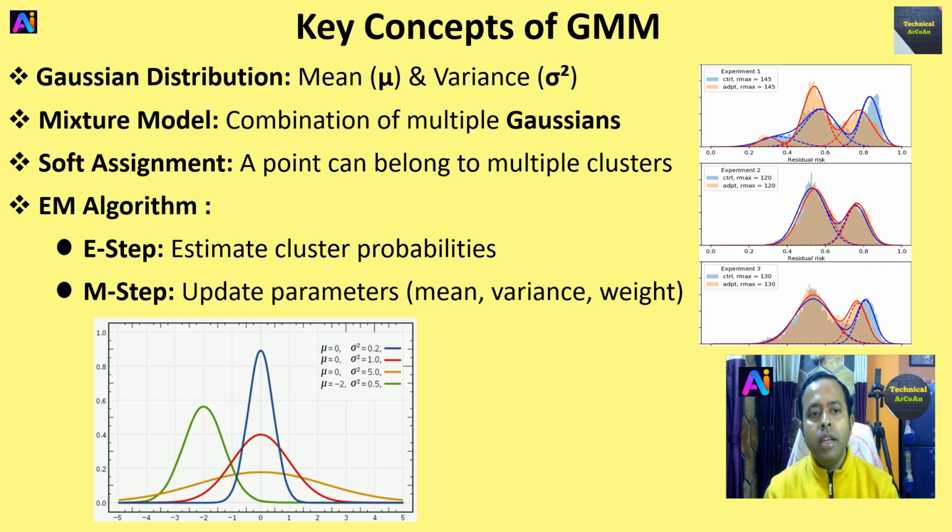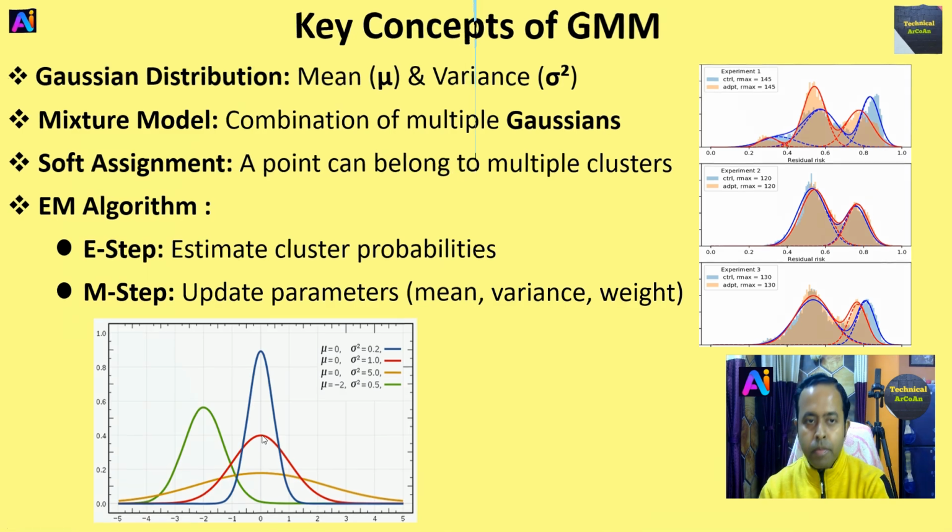E step estimates cluster probabilities and M step updates parameters: mean, variance and weight. Actually GMM uses the expectation maximization or EM algorithm to estimate the parameters of a Gaussian distribution, right? So in the picture just given, the value of mu and the sigma squared value give this bell shape, right? For this image and also in this image, right?